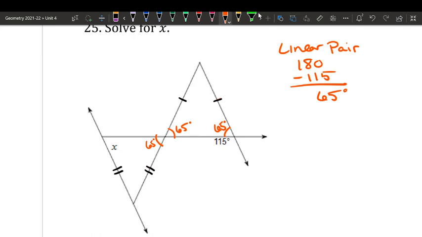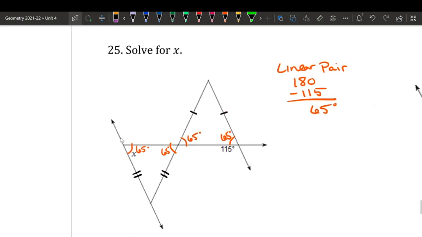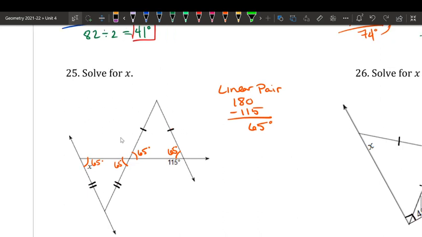And now I'm in another isosceles triangle because these sides are marked the same. So the other base angle is also 65 degrees. So that one was not really all that bad. We only solved one thing, and then we just knew the relationships and just carried it over. So x is 65 degrees.